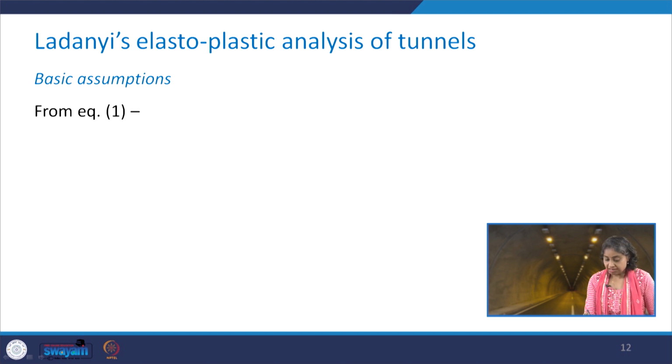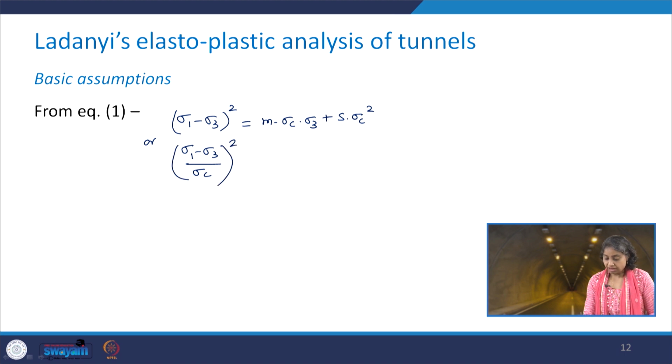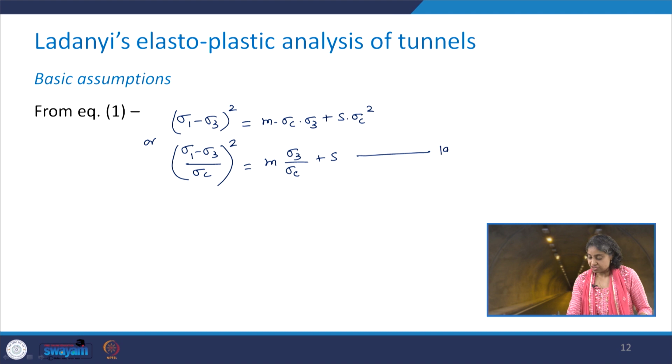We can write it like this: sigma 1 minus sigma 3 whole square is equal to m into sigma c into sigma 3 plus s into sigma c square, or sigma 1 minus sigma 3 upon sigma c whole square is equal to m into sigma 3 upon sigma c plus s. Let us make this equation number 1a.